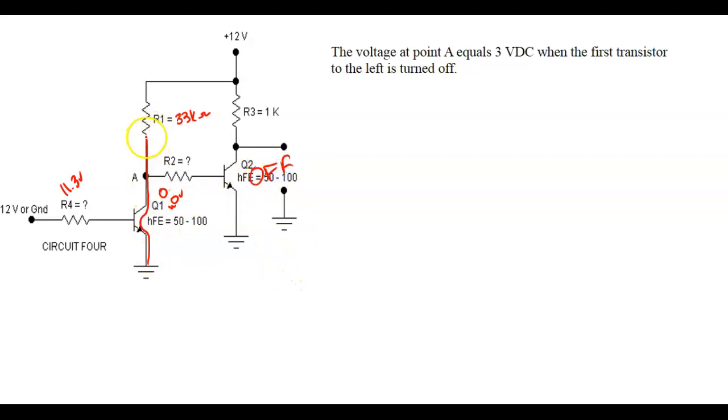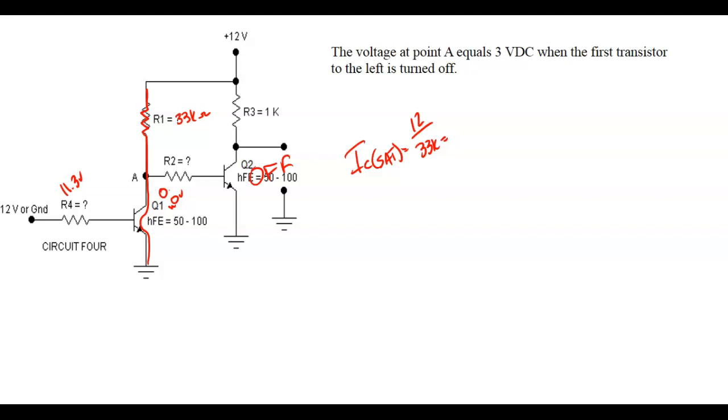Now, this is the path that we're looking at. So R1 has to drop 12 volts. IC sat will be equal to 12 divided by 33K. What does that give you? Did I expect you to work this one?